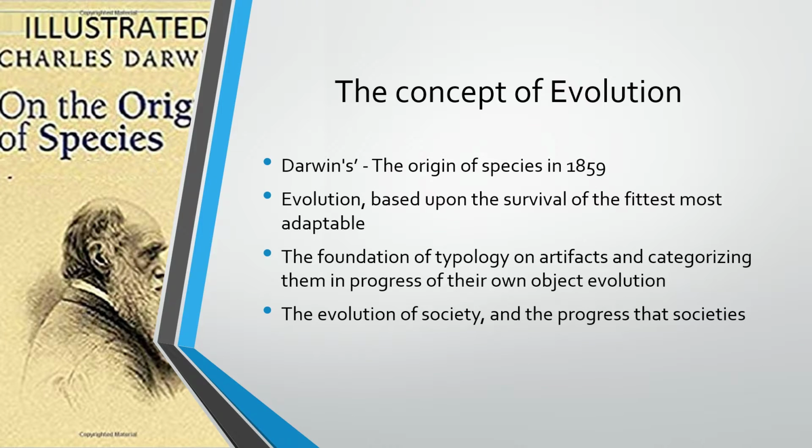The next principle that modern archaeology is built on is the concept of evolution. Again, this is not an archaeological idea that started off, because it's from Darwin. It's a biological concept, with his book The Origin of Species in 1859, where the idea of evolution is based on the survival of the fittest, the most adaptable.